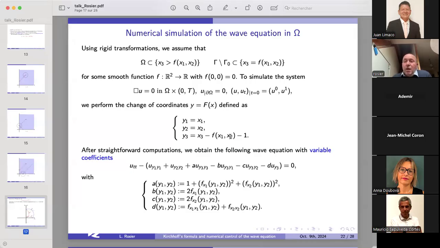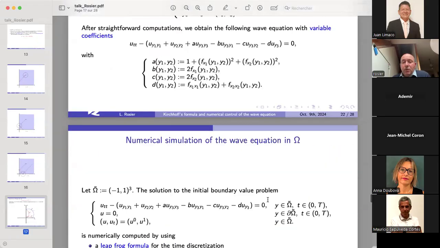Of course, when you do this kind of change of variable, you have to pay something. So the wave equation will be transformed into some hyperbolic equation with variable coefficients. But you can compute the variable coefficients. They are given explicitly in terms of f by this formula. It's just the computation of a derivative.